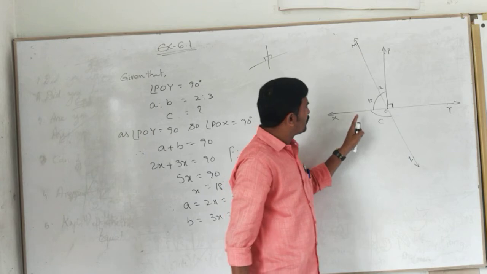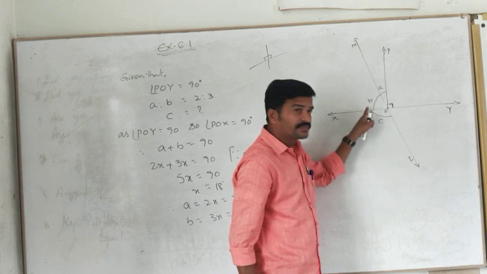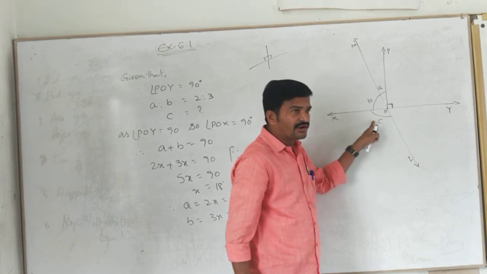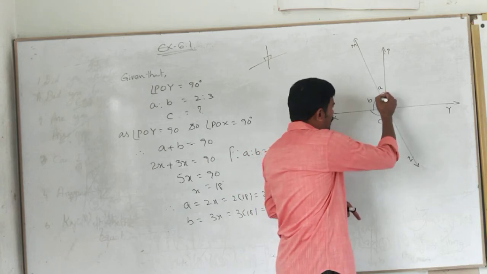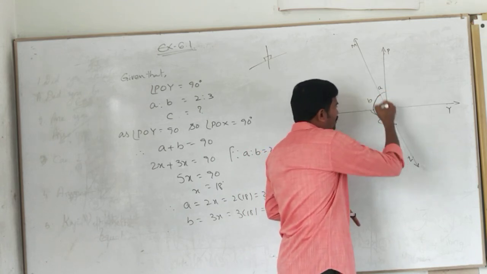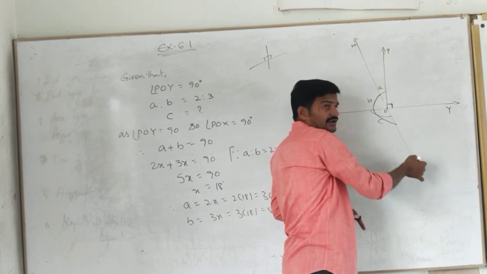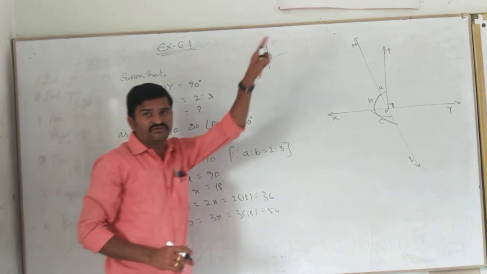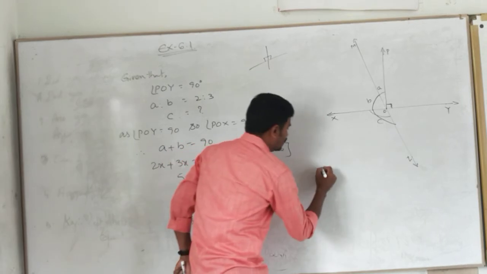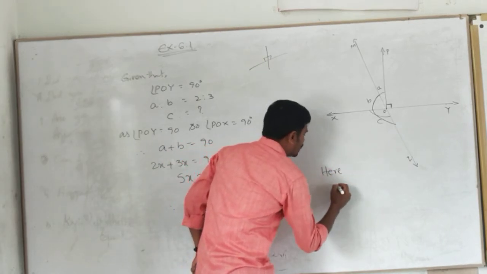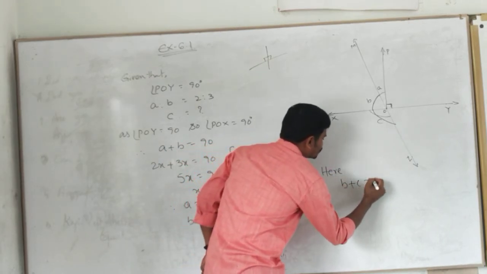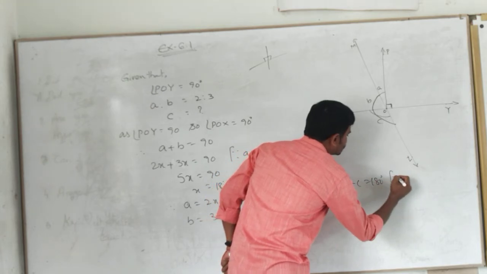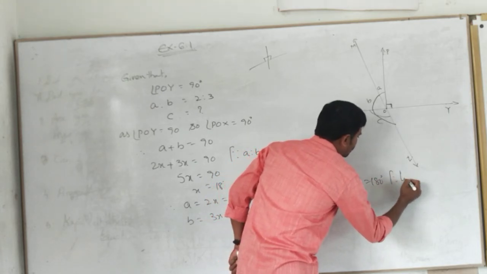Now, what is the relation between B and C? Straight angle only, na? This is B and this is C, totally a straight angle because this is a straight line. So based on the B value, we can find C or not? Now here, B plus C equals 180, since linear pair or straight angle.